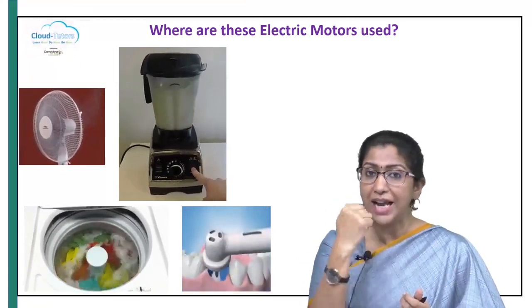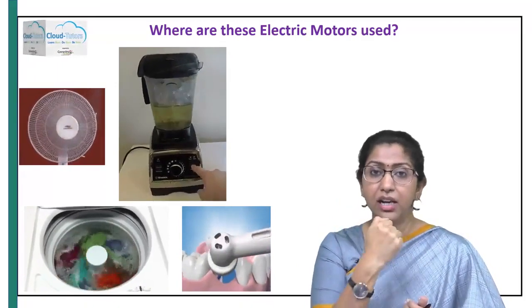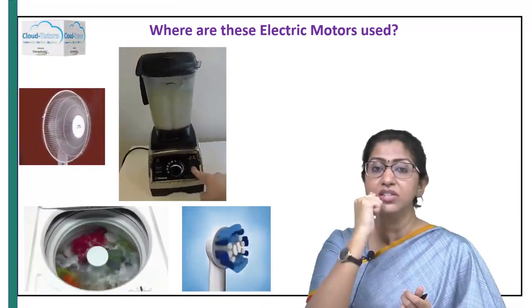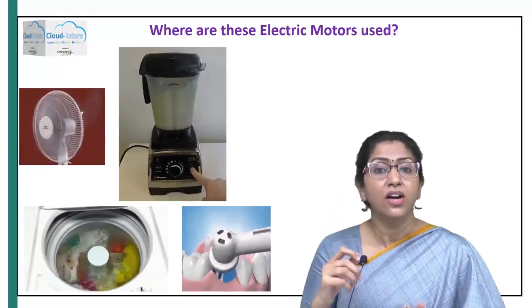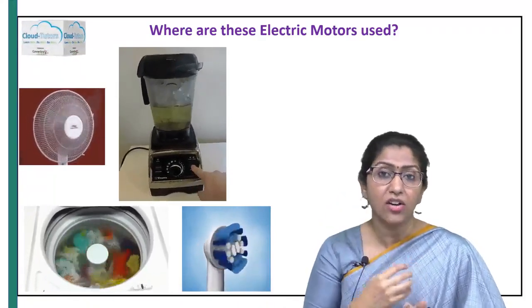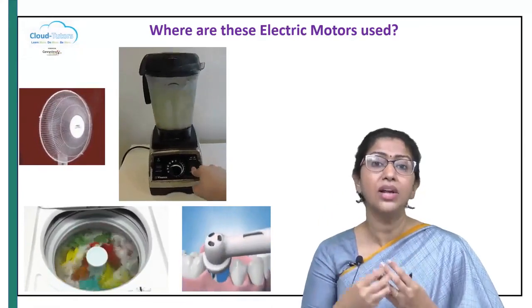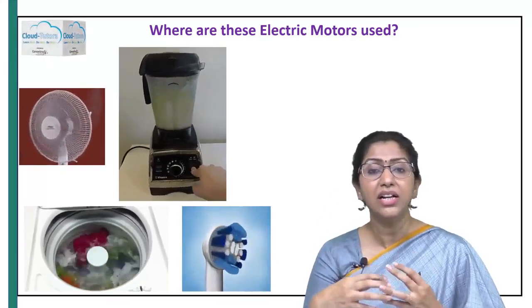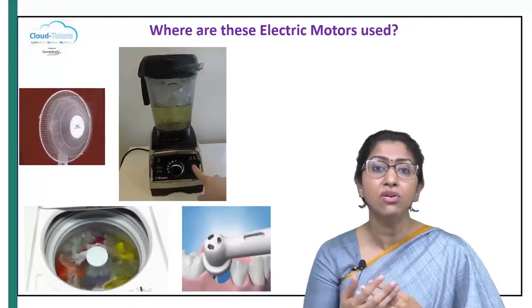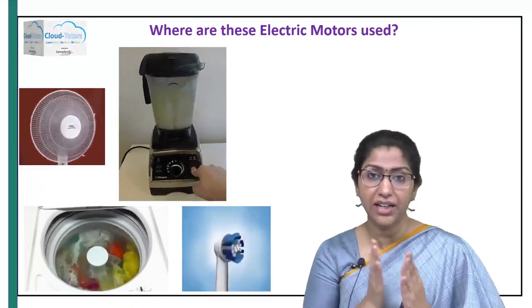Instead of us cleaning our teeth manually, if you just run your electric brush through your teeth, it starts rotating and hence it starts cleaning your teeth. So here is another application of electric motor wherein we convert electrical energy into mechanical energy.